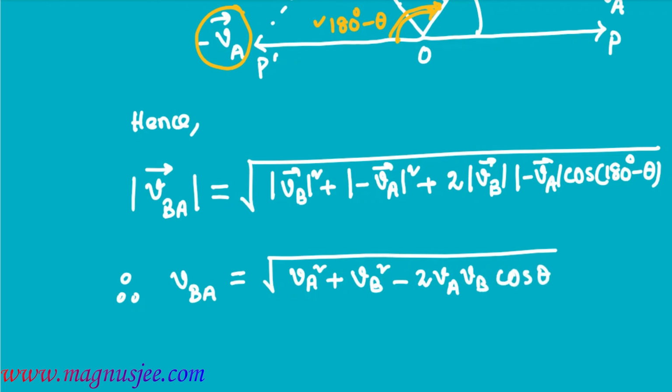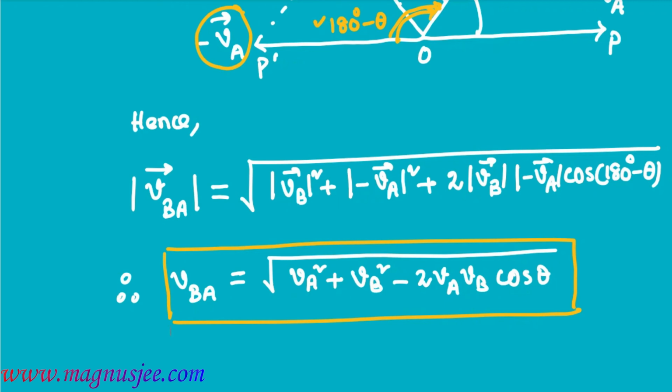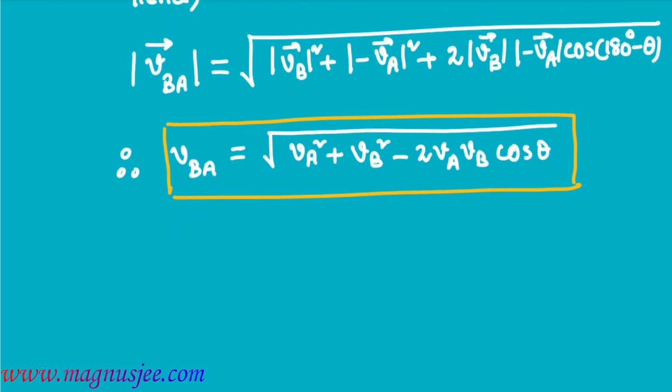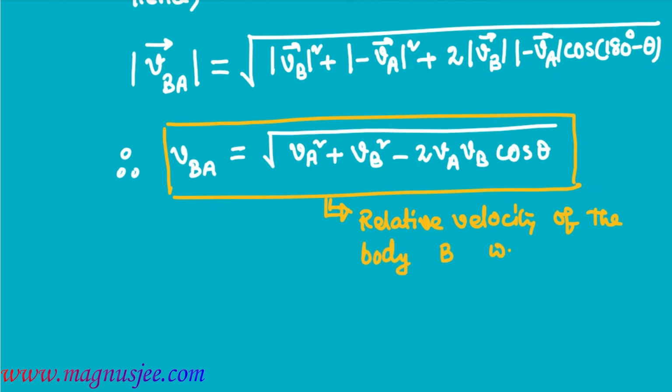The negative sign in front of 2 VA VB cos theta is due to cos 180 degree minus theta being minus cos theta. This is the relative velocity of the body B with respect to the body A.